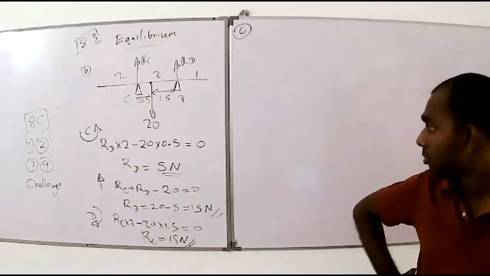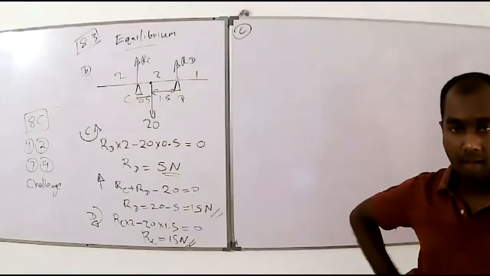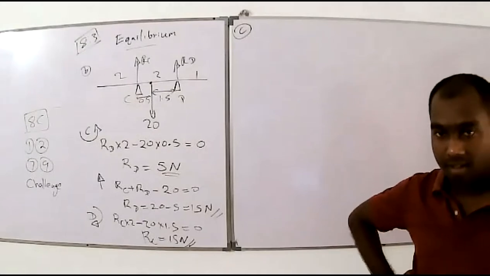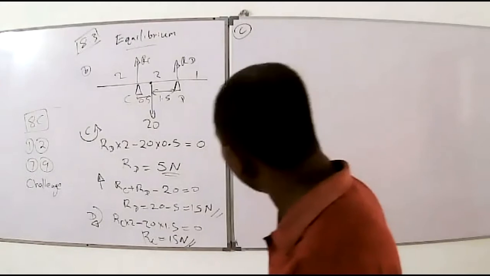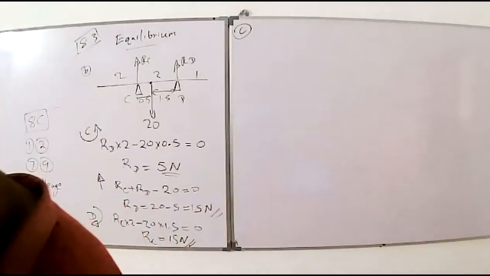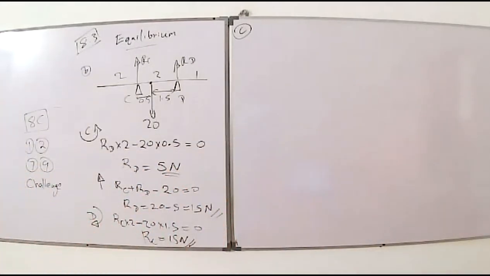Okay, so what? RC and RD? Question number 1, part B. I got 12.6.